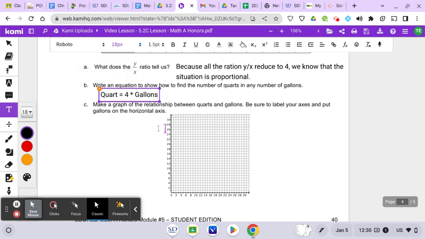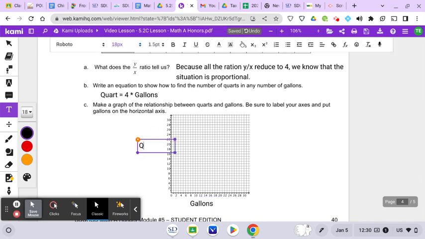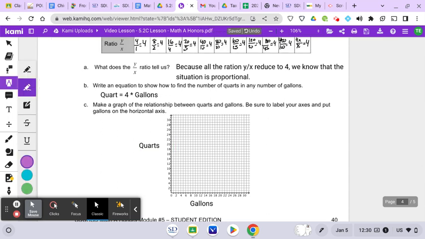Honestly, it doesn't matter which one you put as independent and dependent, but the way we wrote our equation, our gallons would go down here and our quarts would go over here. So if I have 0 gallons, I have 0 quarts. If I have 1 gallon, 4 quarts. And then 2 gets me to 8.